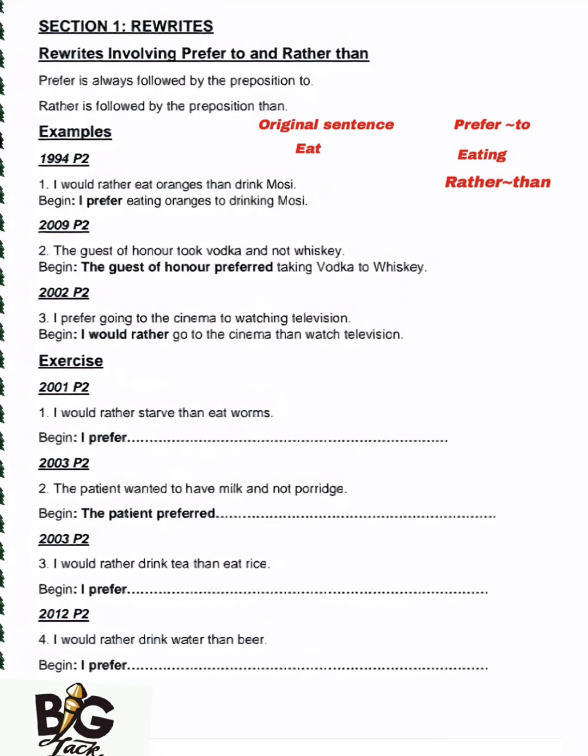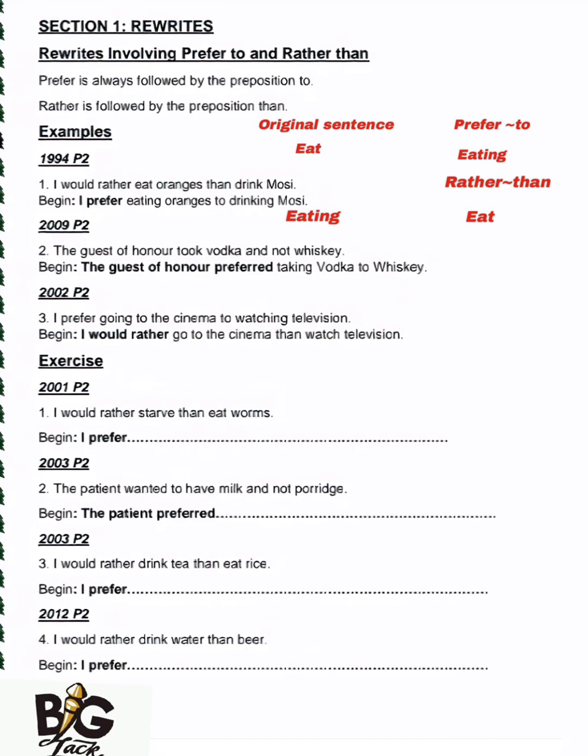So let's say, for example, if in the original sentence we have verbs ending in ing, when rewriting using rather, those verbs you need to omit ing. When I say omit, you need to remove ing. In a simpler way, when writing using rather, you need to omit or remove ing.